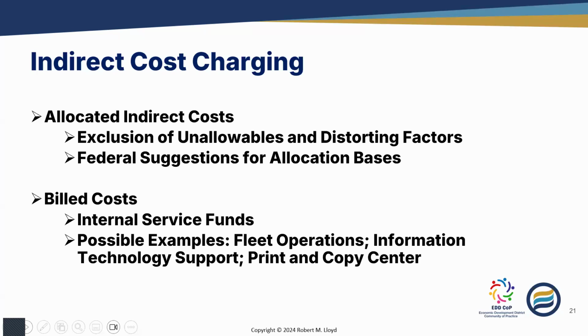It's things like determining the square footage that a particular unit occupies relative to other units within the organization. Looking at transactional data, for example, the cost of accounting services based upon the total direct costs of individual programs or the number of transactions that are carried out.